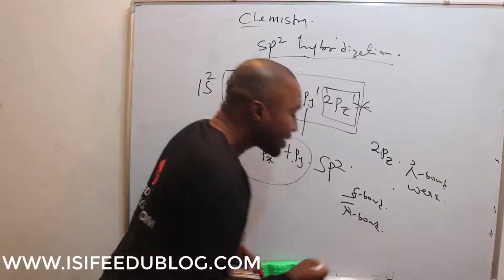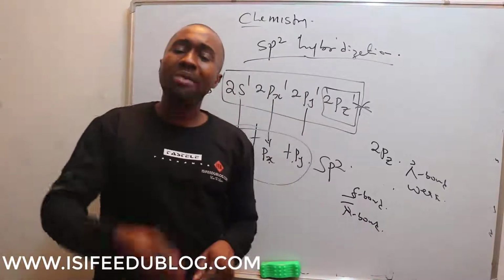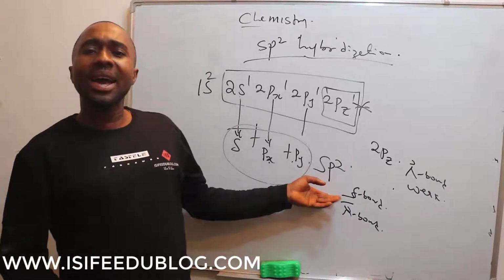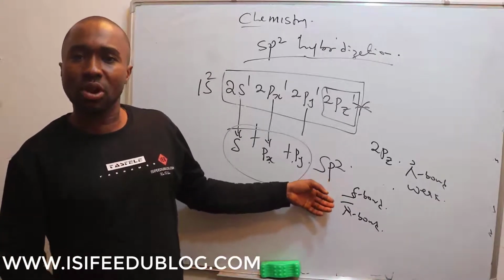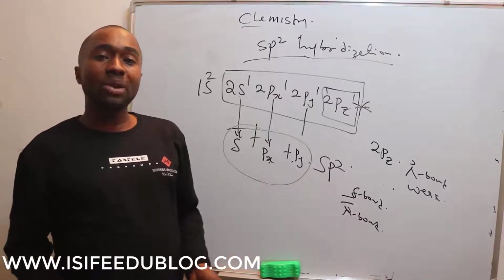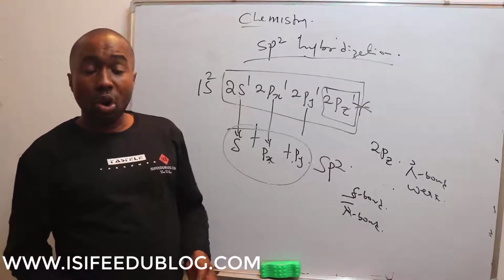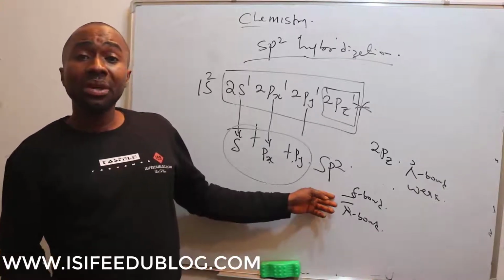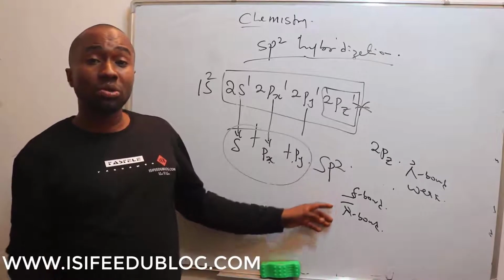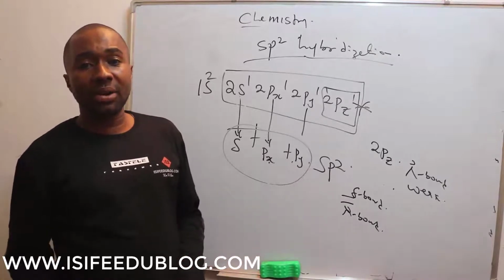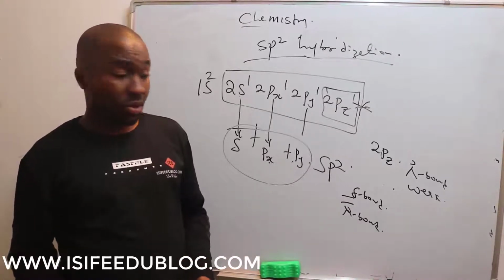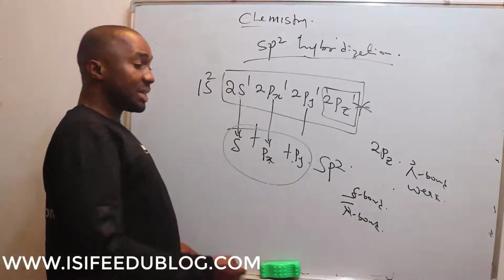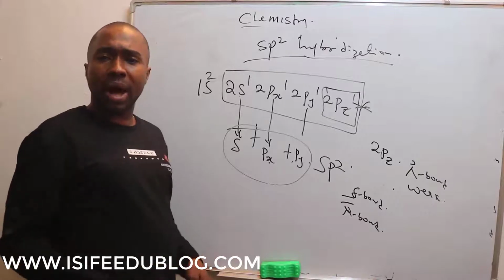This shows you that if you come to a compound and you have a double bond in that compound, that compound is undergoing SP2 hybridization. So how do you know that a compound is undergoing SP2 hybridization? One of the fastest ways to check is the number of bonds. If the number of bonds in that compound is 2, automatically that compound is undergoing SP2 hybridization. Apart from the number of bonds, another way you can check is how many attachments the central atom has.